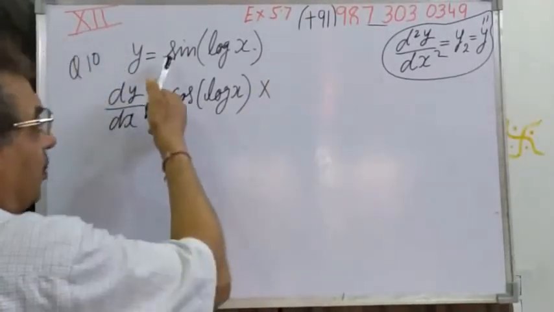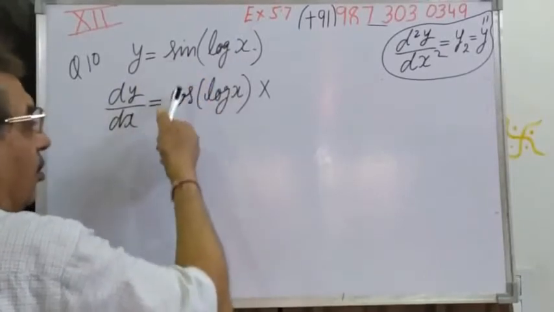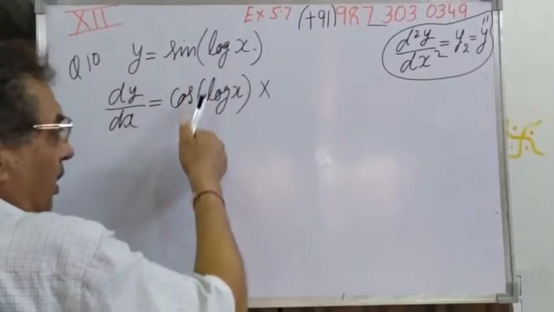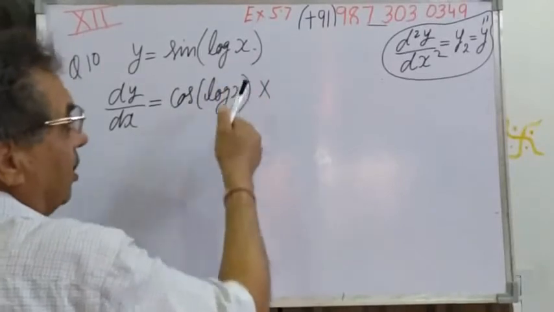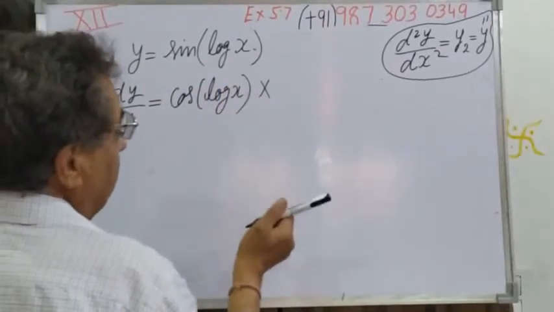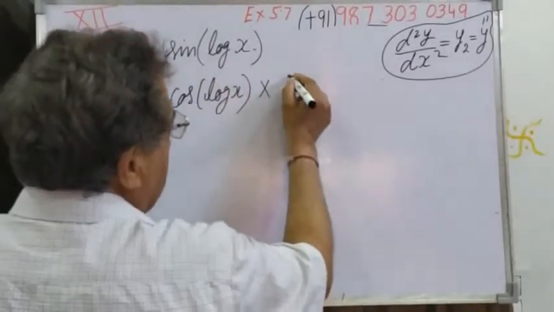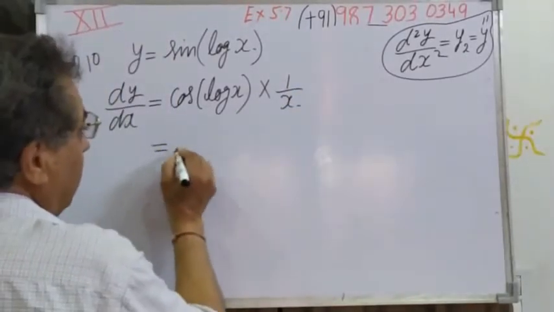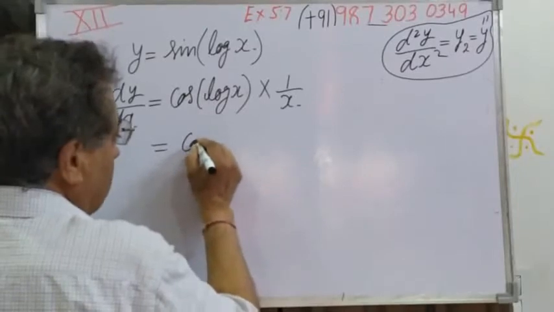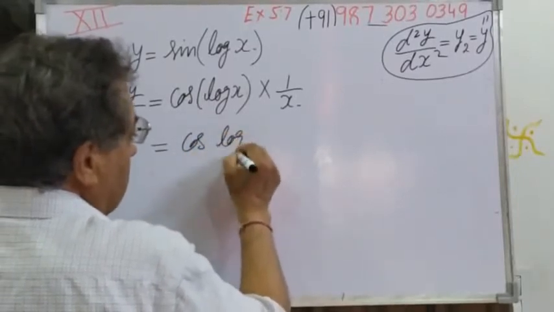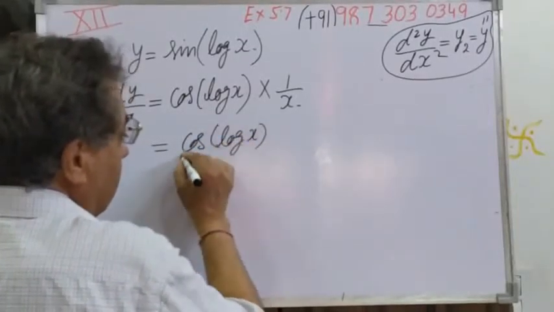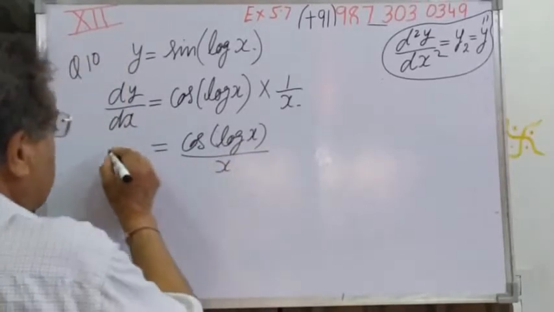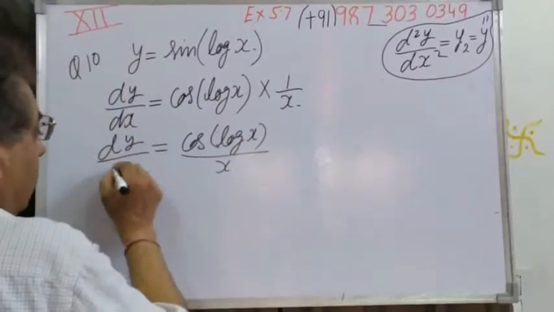By the chain rule, for sine log x, we got cos log x. Now we have to differentiate log x also by the chain rule method. The derivative of log x is 1 by x. So this first derivative we are getting here is cos of log x divided by x. That is your first derivative.